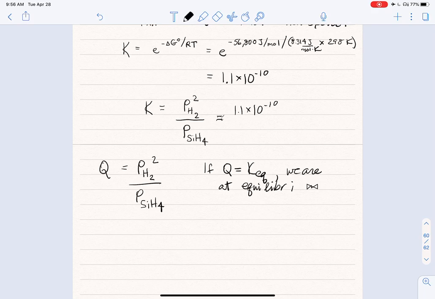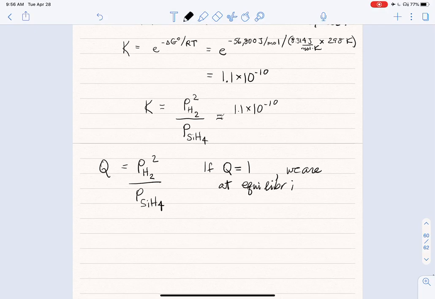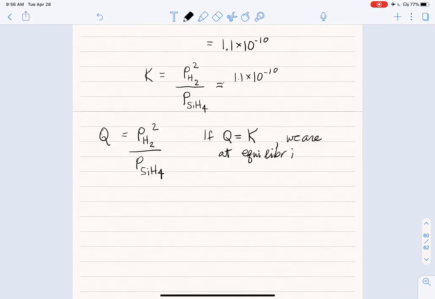Hang on, let me get my little eraser to erase the EQ so I don't confuse anybody. EQ just means equilibrium constant. So if Q equals K, we are at equilibrium, and delta G without the naught is equal to 0.